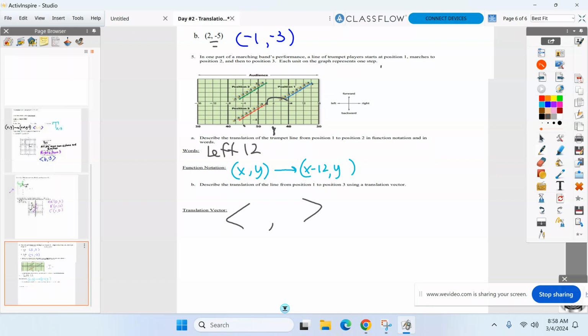You see what I mean? I need a rule that matches up all of them on top of each other. And use part A. Where did we just go? Left 12, right? We just went left 12. That matches us up with 2. And now where do you move 2 to get down to 3? So minus 12, minus 7? You sure it's 7?